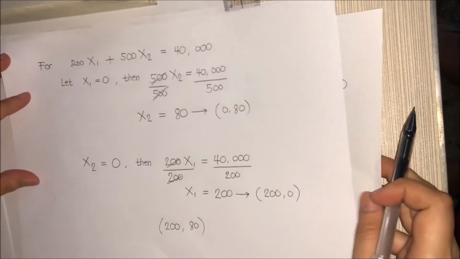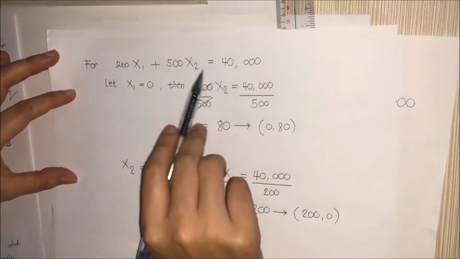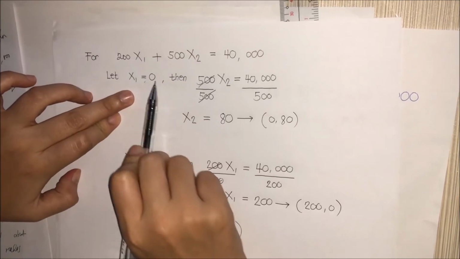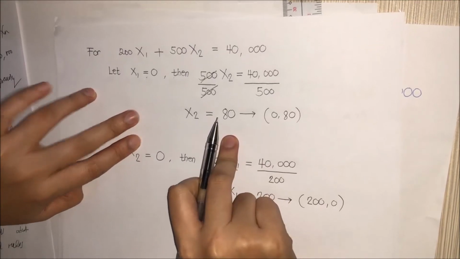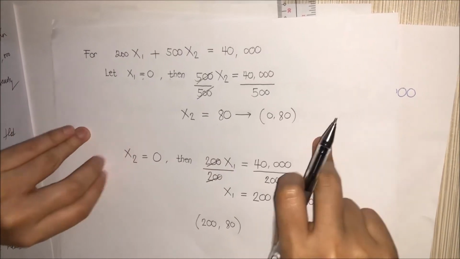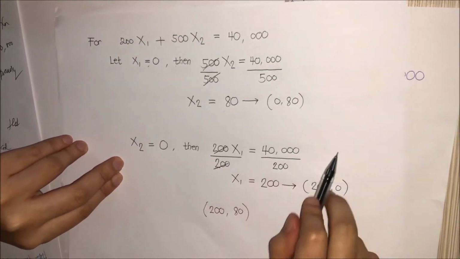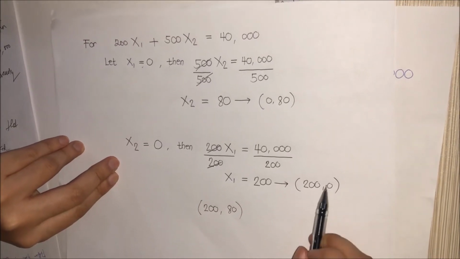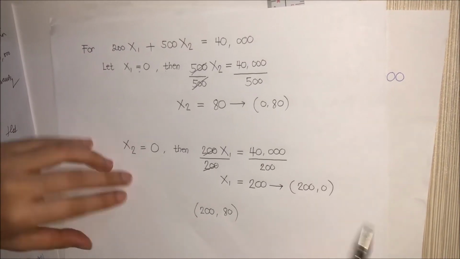So for the constraints, the first constraint is 200x1 plus 500x2 equals 40,000. If we let x1 equal 0, then 500x2 equals 40,000, so x2 is 80 and the coordinate is 0, 80. For x2 equals 0, then 200x1 equals 40,000, so x1 equals 200 and the coordinate is 200, 0.